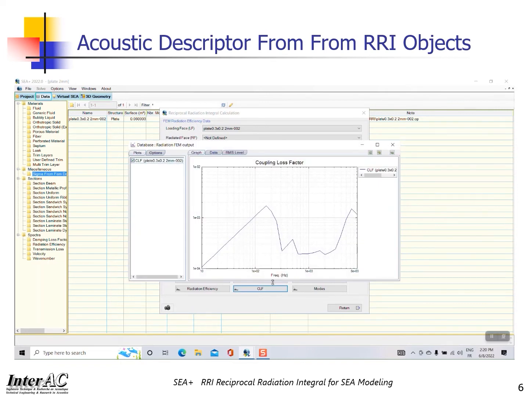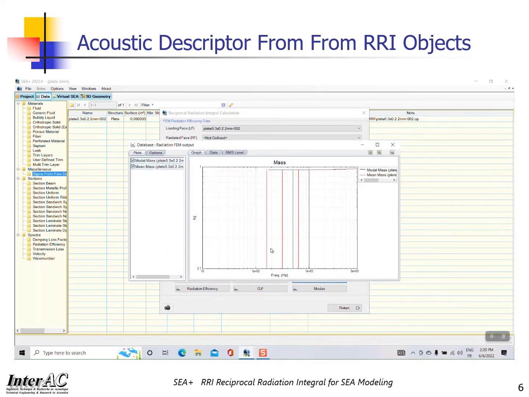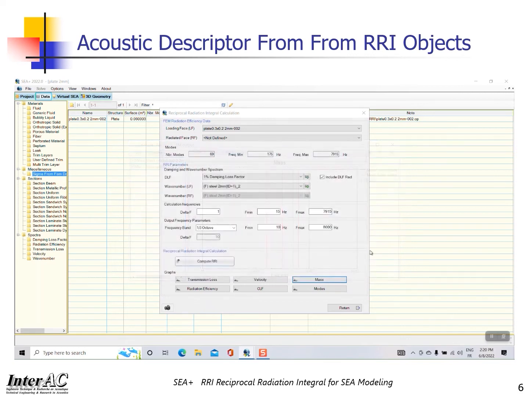Third is the velocity, resonant and total velocity. And the CLF, which is in fact the normalized spectrum of radiation efficiency, which is given here. Then directly usable to replace an acoustic to structure CLF in the calculation.